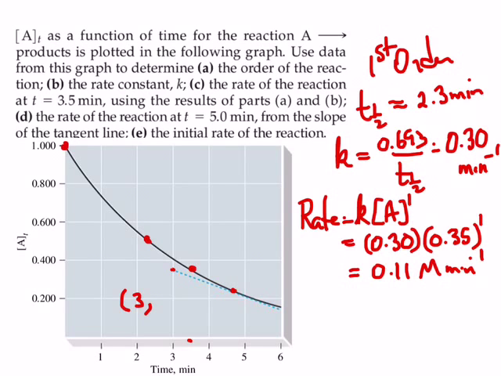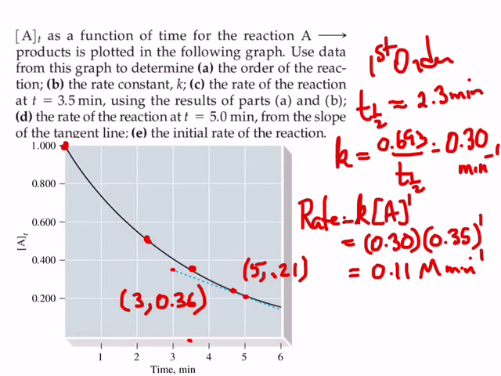It looks to be about 0.35, 0.36 again. It's just an estimate. And then I'll need another point. How about the point right at 5? So that point there, 5, and then it looks to be just slightly more than 0.2, so 0.21.